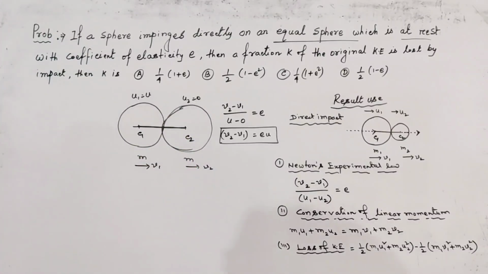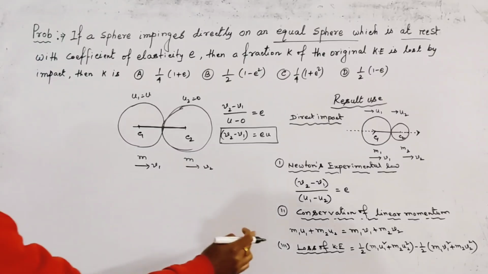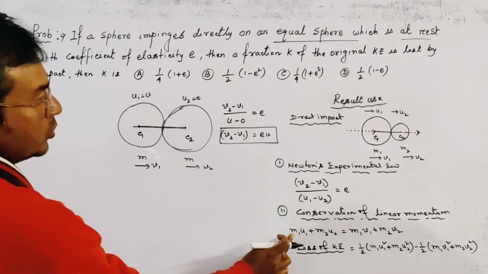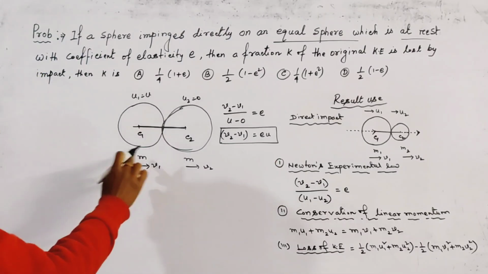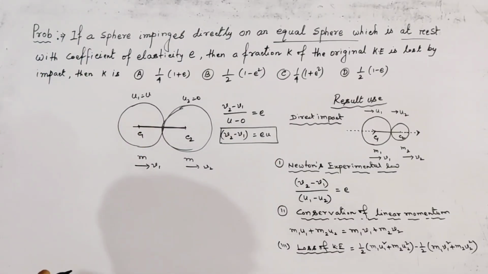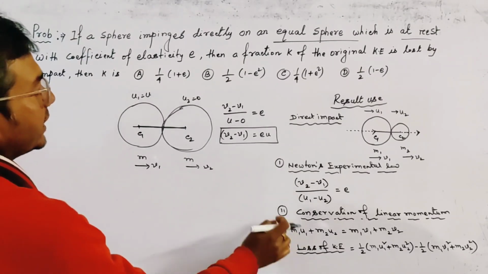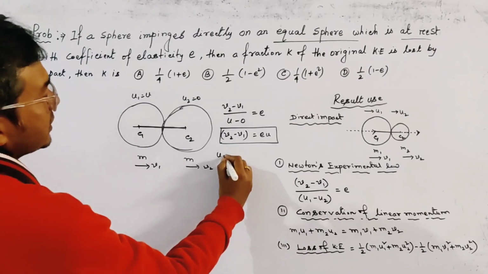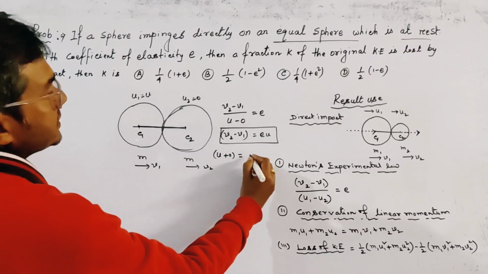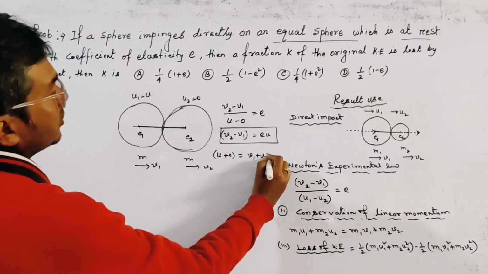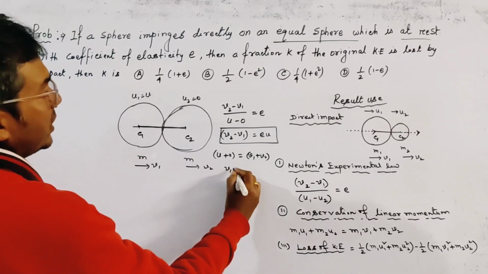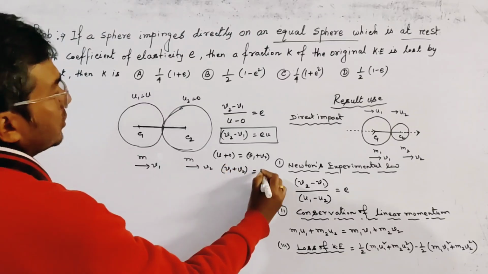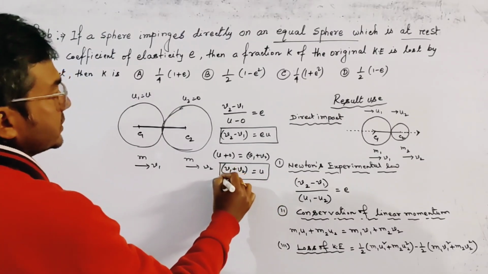From the second, conservation of linear momentum, we put m1 and m2 both as m, so we get m into u plus 0 equals m into v1 plus v2, and cancelling m from both sides we get v1 plus v2 equal to u. This is the second result.